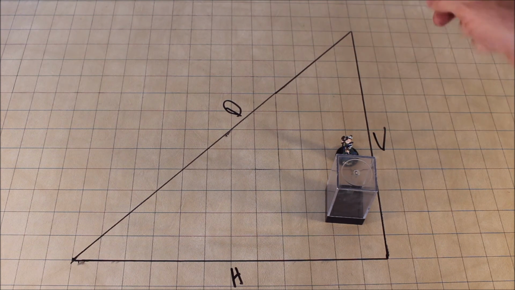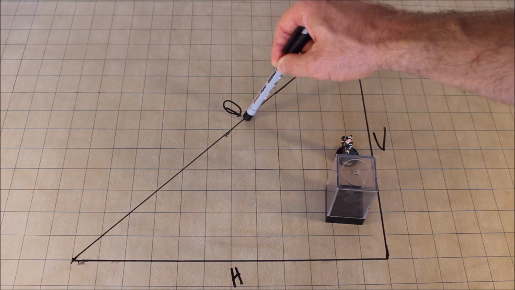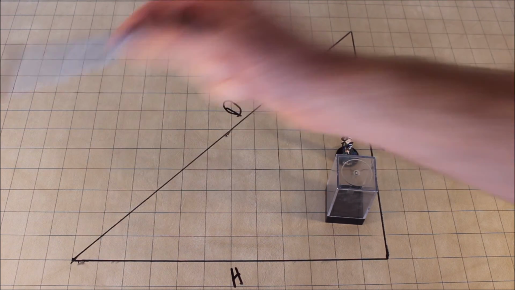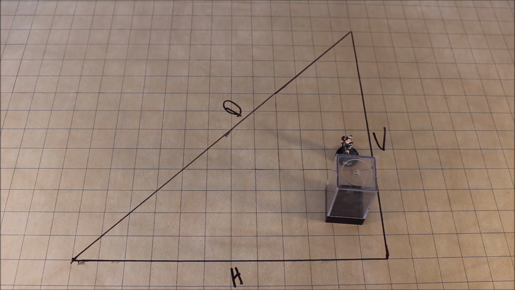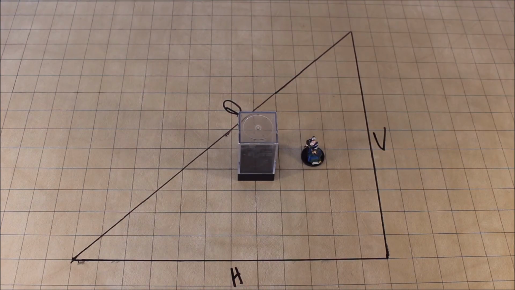That's 12 squares, or 5, 10, 15, 20, 25, 30, 35, 40, 45, 50, 55, 60. So you can fly up and horizontally 60 feet by just going diagonally. Okay? So diagonal movement, nice and simple when flying.